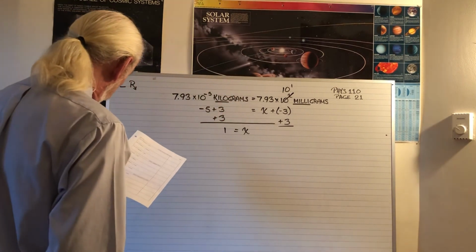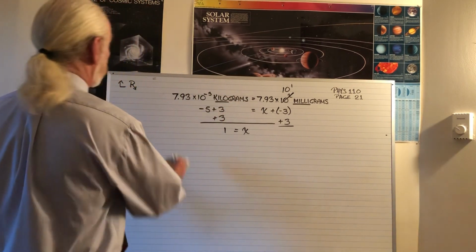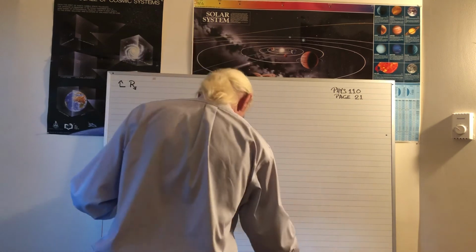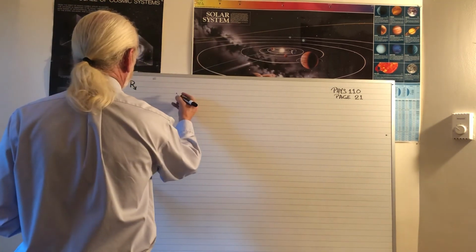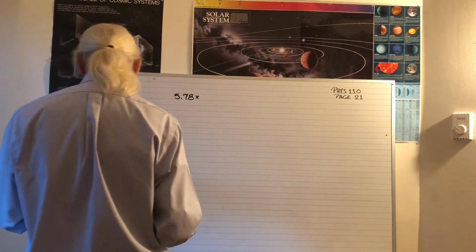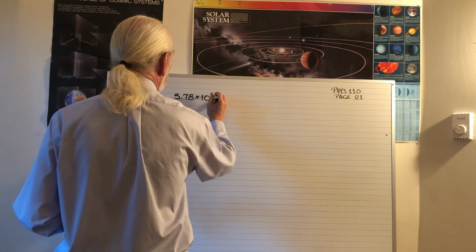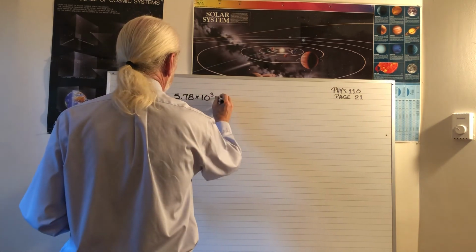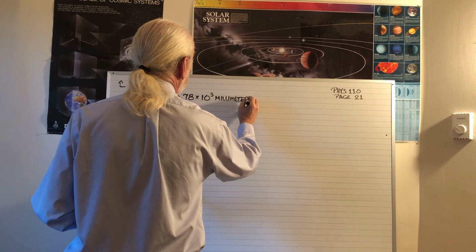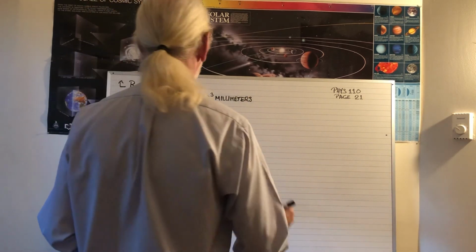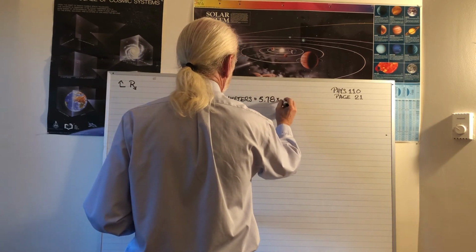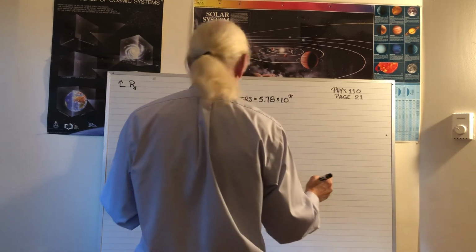Okay, the next one is 5.78 times 10 to the 3rd millimeters. And we're going to convert that to centimeters. Times 10 to the I don't know centimeters.